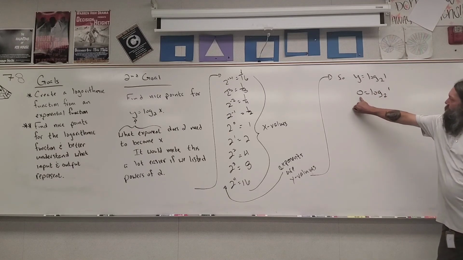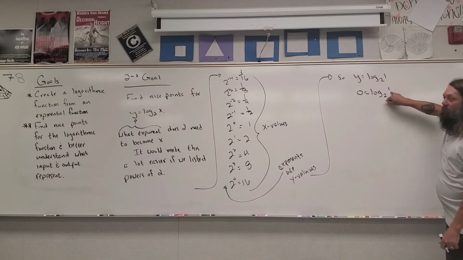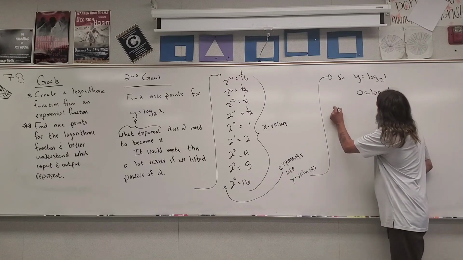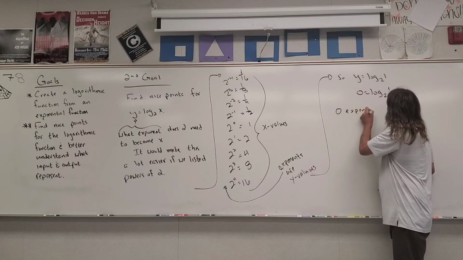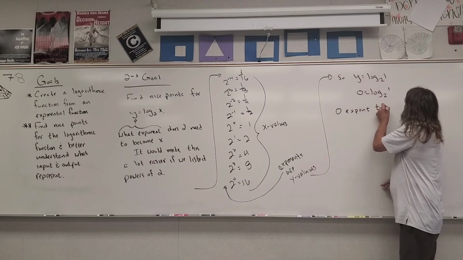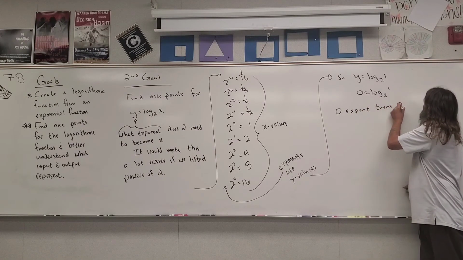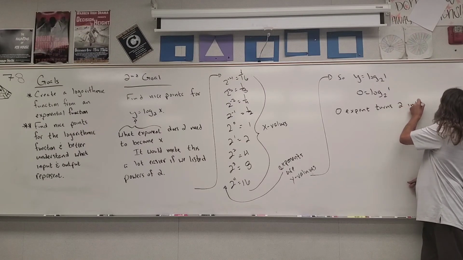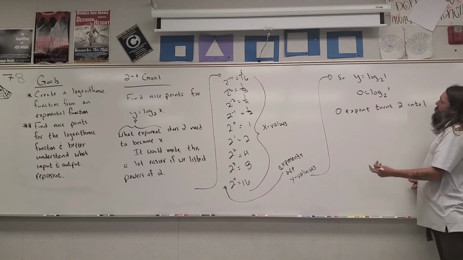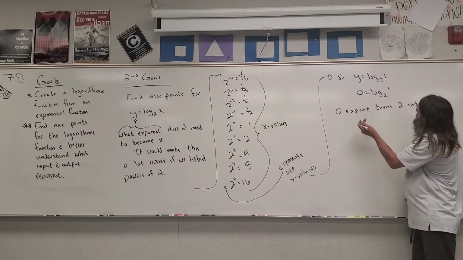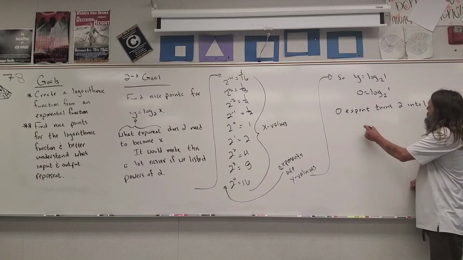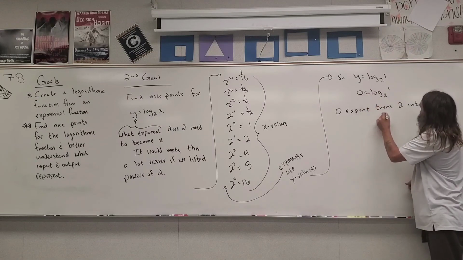I need a 0 exponent to turn 2 into 1. All right, let's try another one. And by the way, here's my ordered pair: 1, 0.